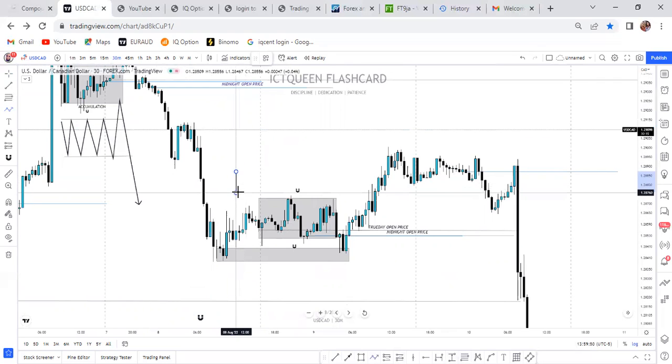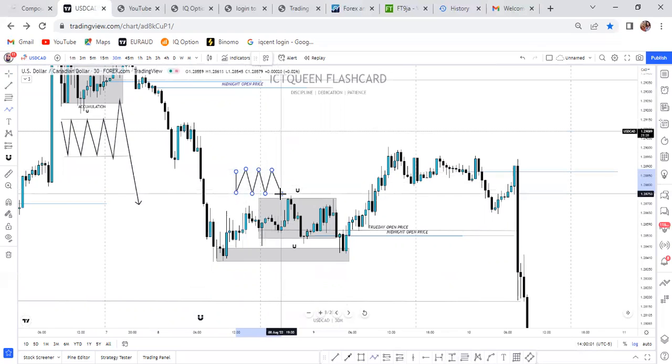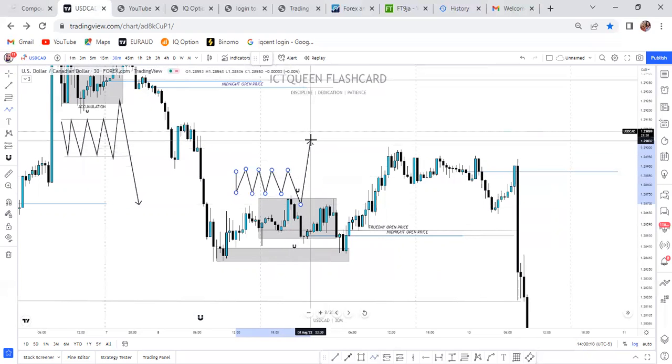Accumulation, accumulation, sell stops were run, manipulation to the downside, then distribution.